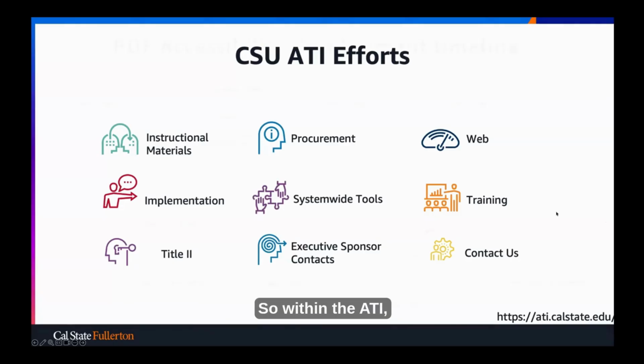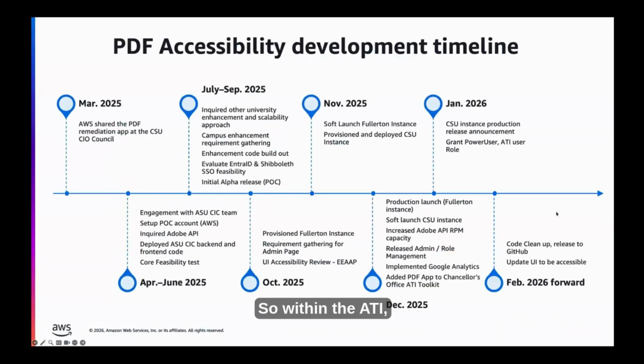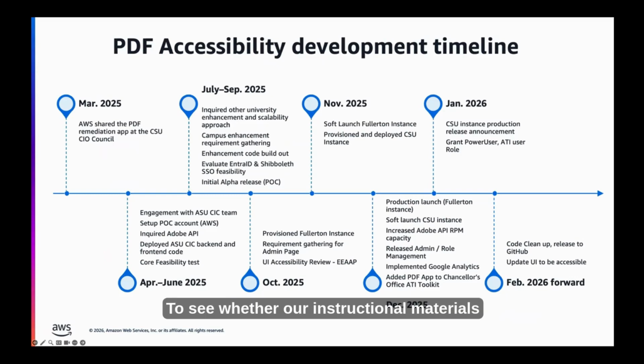Next slide, please. So within the ATI, as you can see from the previous one, we do have a lot of collaborations, and one of those collaborations is tools. Tools to see whether our website is accessible or not, to see whether our instructional materials are accessible.